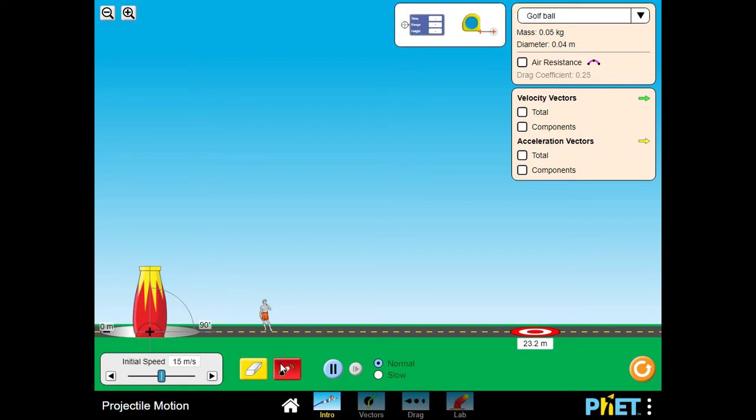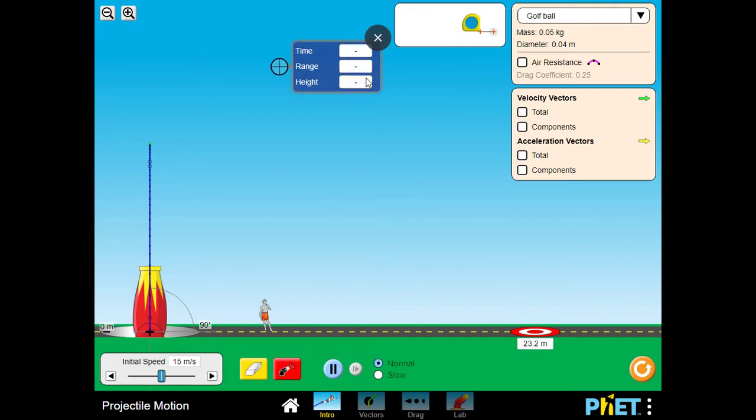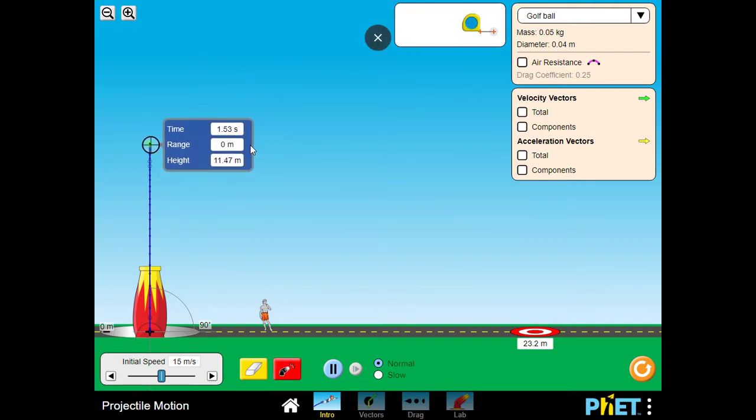Let it be projected. Here the height is 11.47 meters, and the time of the upward flight is 1.53 seconds.